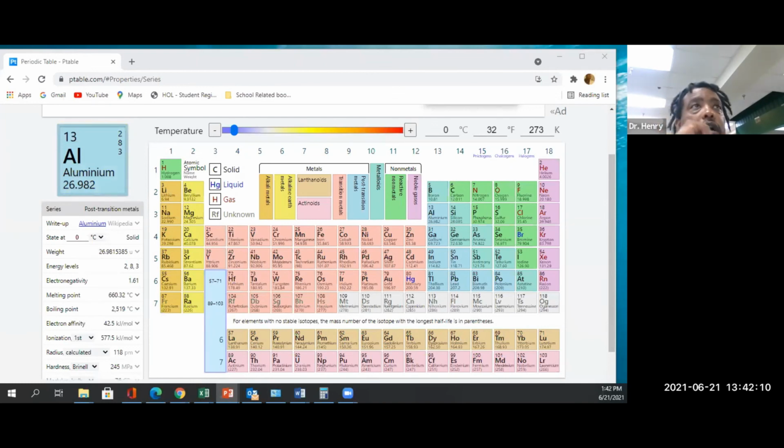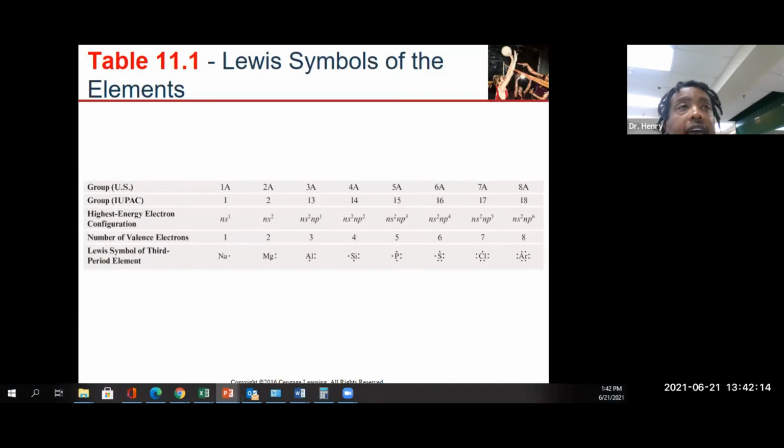Okay. Now, when we talk about those guys having valence electrons, another way of showing valence electrons is by using a dot. If it has 1 valence electron, we use a single dot. Sodium has 1 valence electron, so we use a single dot to represent that electron that we can use for that reaction.